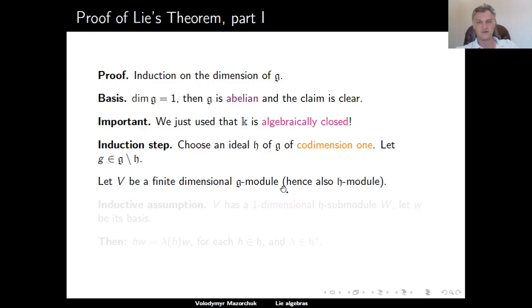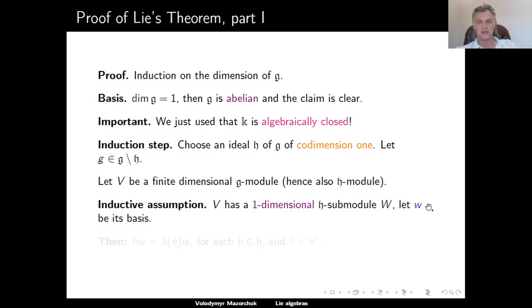Then, by restriction, V is also an H module. By the inductive assumption, all simple modules for H are one-dimensional, so V must have a one-dimensional H submodule W.